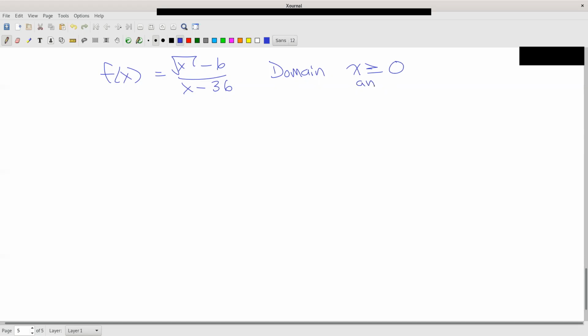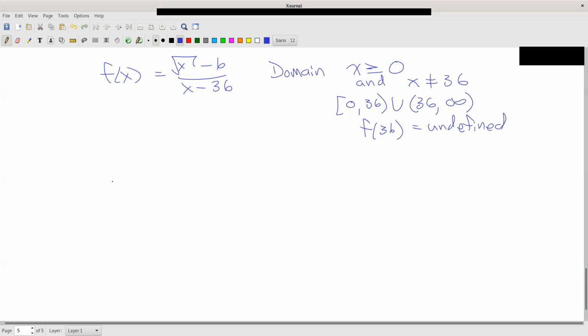And because of the denominator, x cannot be 36. So in interval notation, the domain goes from 0 up to 36, stopping right before 36, union, pick up after 36 and keep going to the right forever. So this designates that there's a hole there. Right? f of 36 is undefined.